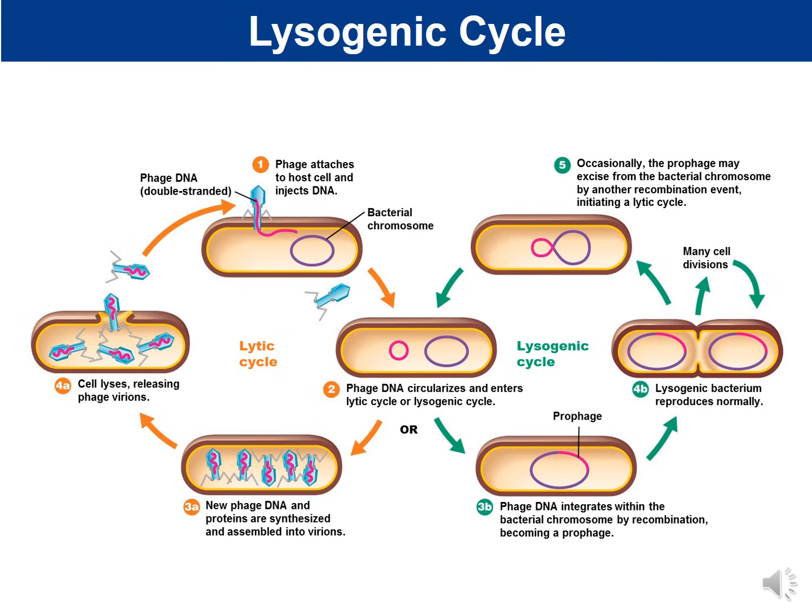And so this lysogenic bacterium reproduces normally, and occasionally the prophage may excise, or be cut out from the bacterial chromosome by another recombination event, and that then frees up that phage DNA, and now that cell could go back into the lytic cycle where it's actively making new phage particles.